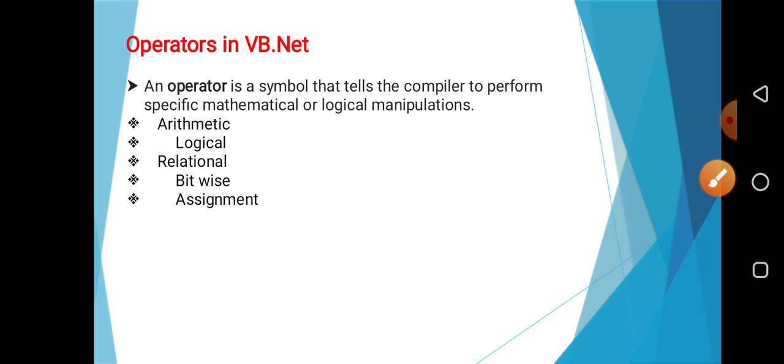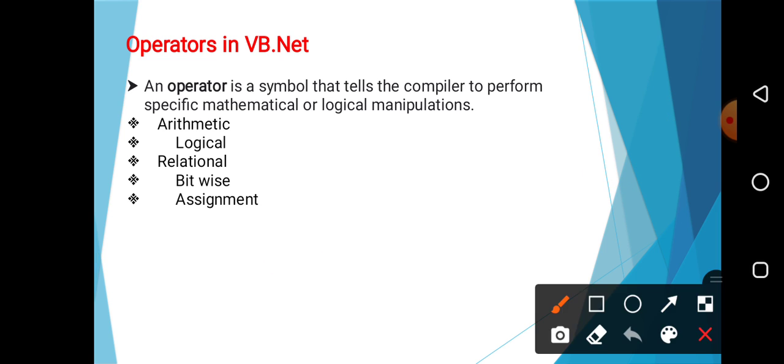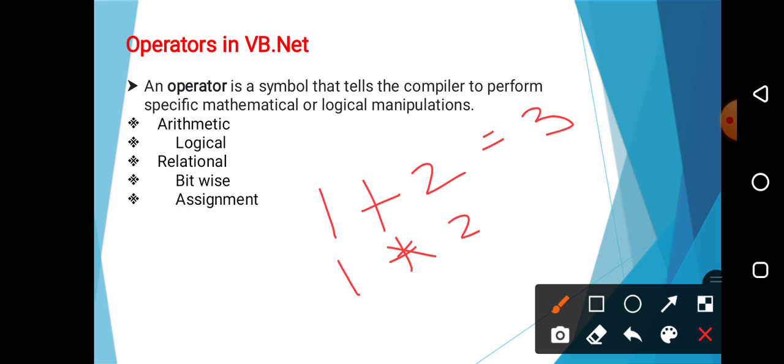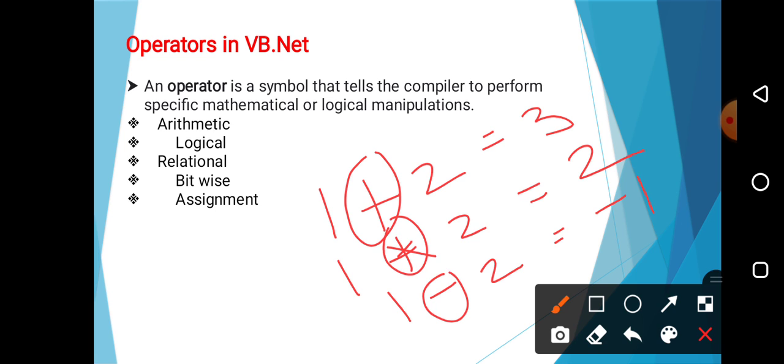Because if I say 1 plus 2, then it will perform addition of two numbers. If I say 1 into 2, it will perform multiplication. 1 minus 2, then it will perform the subtraction. That means whenever I place this between two operands, it will perform a certain operation.